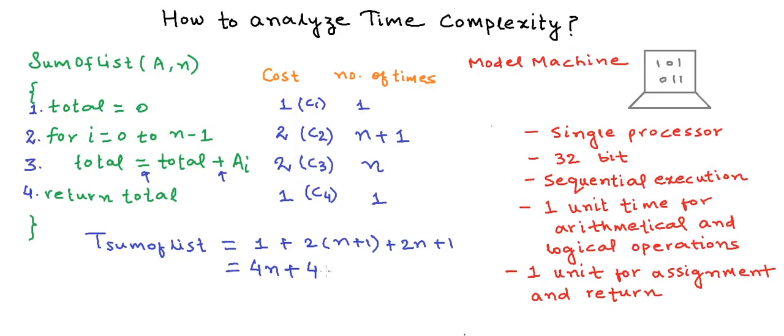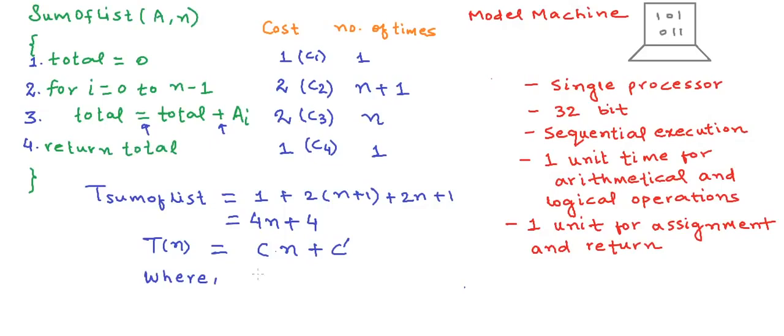So in that case we will arrive at some expression like time taken is a function of n, T(n), which is equal to some constant, let's say c, times n plus another constant c dash, where c is equal to c2 plus c3 and c dash is equal to c1 plus c2 plus c4.